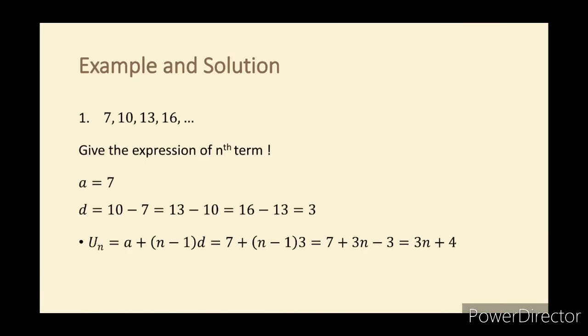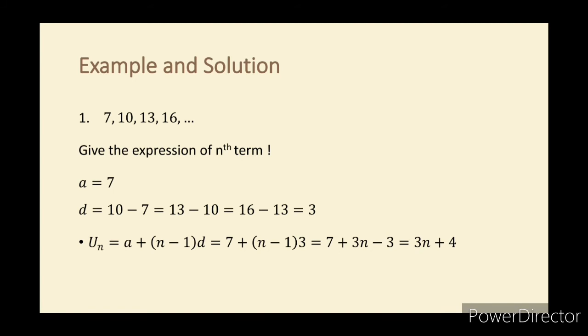First term 7, 10, 13, 16, dot dot dot. Give the expression of the nth term. From the sequence, we know that a, the first term, is 7. d, the common difference, equals 10 minus 7 equals 13 minus 10 equals 16 minus 13 equals 3.